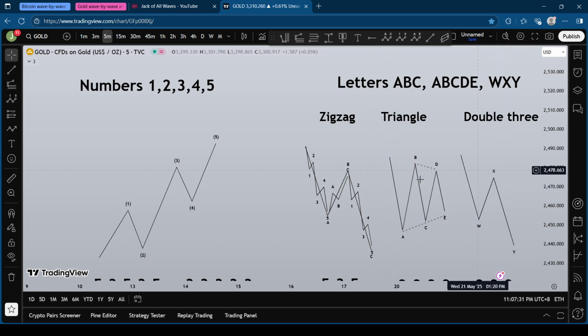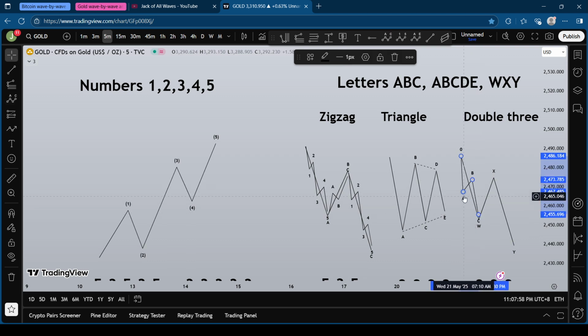Now, what's the difference between a zigzag and a double three? The difference between the two is the internal waves. Here, just like what I have said, zigzag can be labeled as 1, 2, 3, 4, 5, 1, 2, 3, and then 1, 2, 3, 4, 5. However, for double three, from the word itself, it means the internal waves are composed of 3 waves.